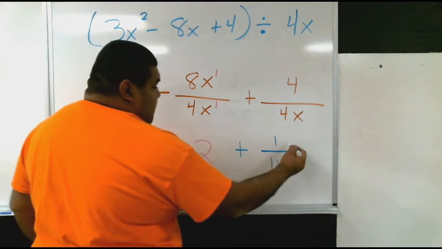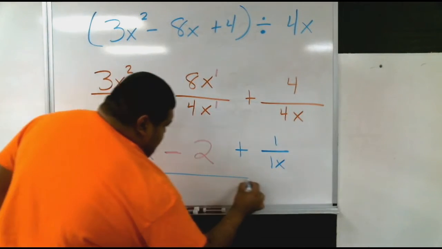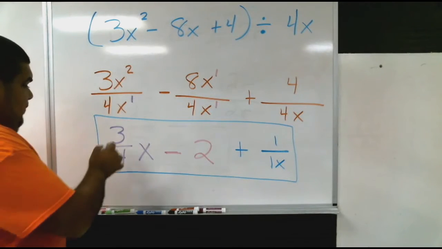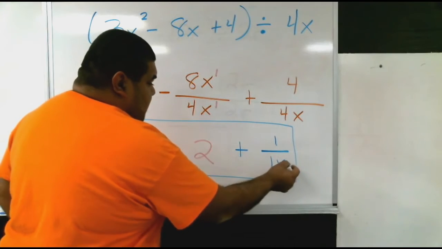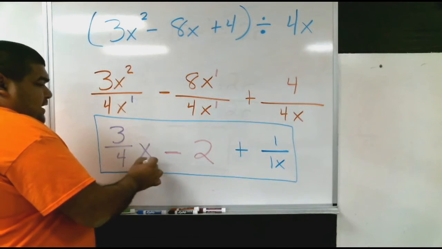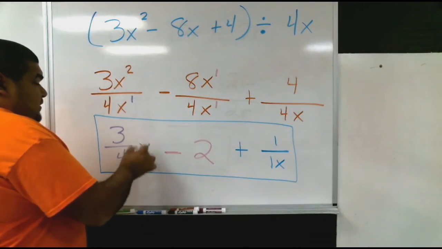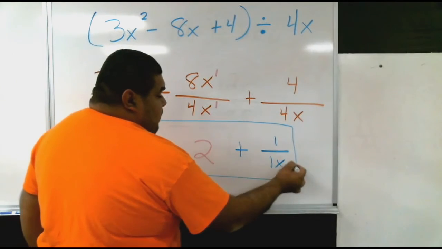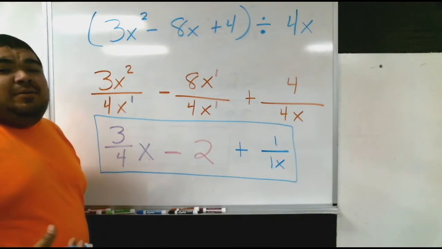Because again, there's no variable up here. So our final answer is 3 over 4x minus 2 plus 1 over 1x. You might ask yourself, how come we didn't combine 3 over 4x and 1 over 1x? The reason is the x is for both numbers here, for the whole fraction, where the x over here is only for the bottom. That's why they're not the same, so we cannot combine them.